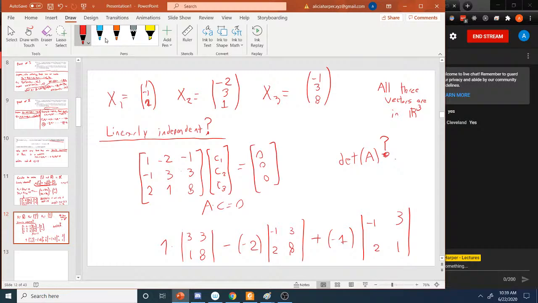And now I have to evaluate all of these, which is a little bit tedious, but we can do it. So 3 times 8 is 24, minus 3 is 21. It's getting multiplied by 1, so I have a 21 here. Let me just draw a separating line.